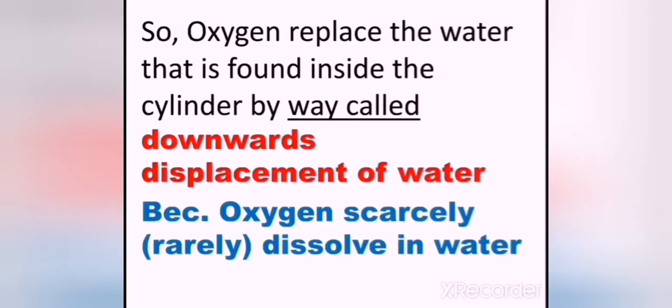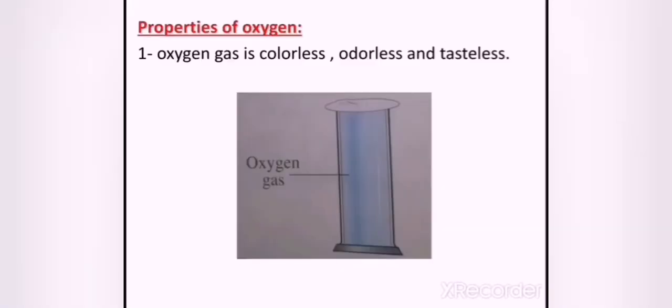Now we are talking about the properties of oxygen. Number one, if you take a cylinder filled with oxygen and test its color, smell and taste, you can observe that the oxygen gas has no color, so it's colorless, has no smell, so it's odorless, and has no taste, so it's tasteless.